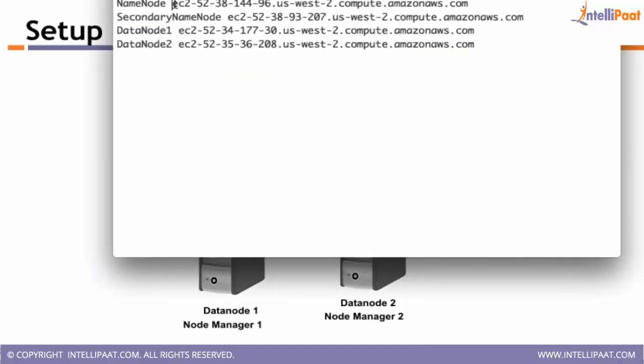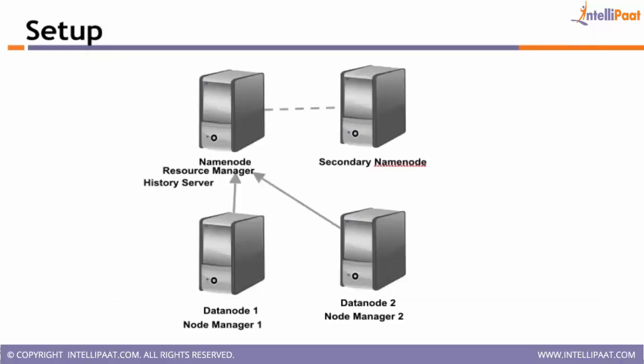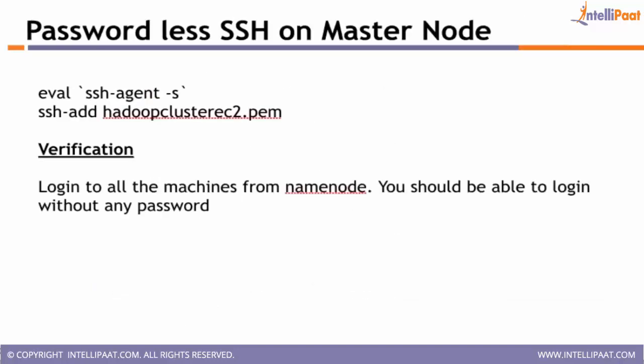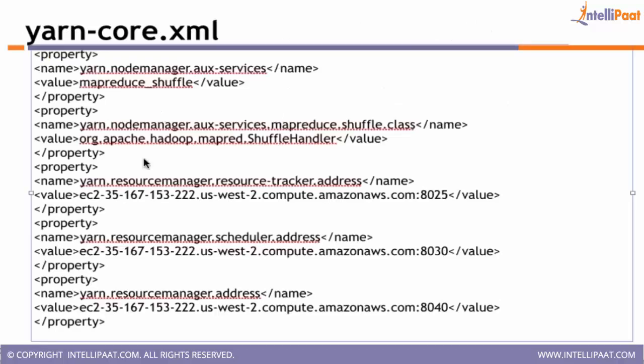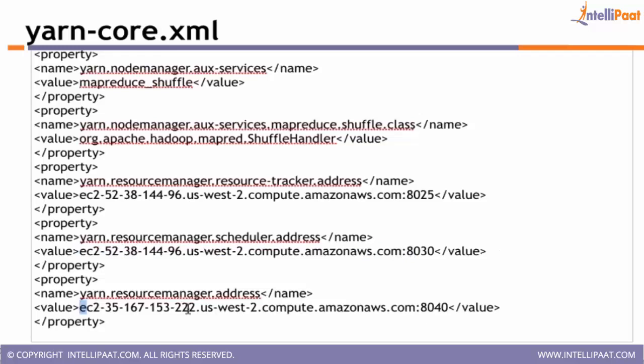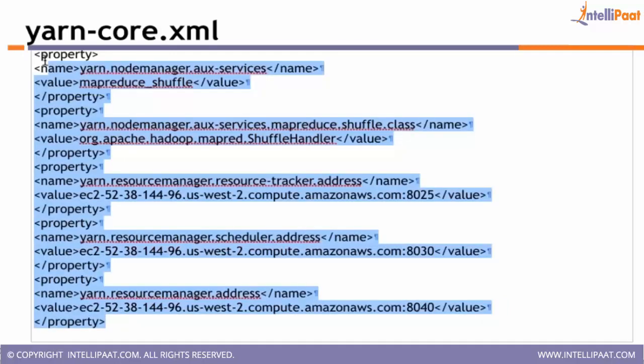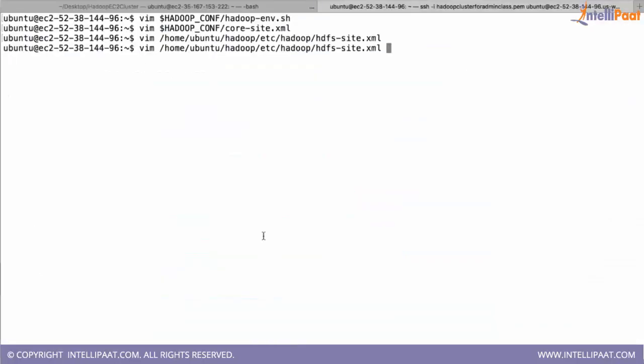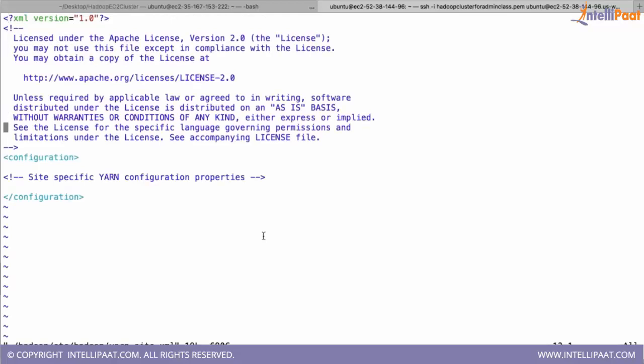So you have to copy this and use the same host name here as the resource manager. Copy this whole content and paste it into, I think, that is not yarn-core, it's actually yarn-site.xml.